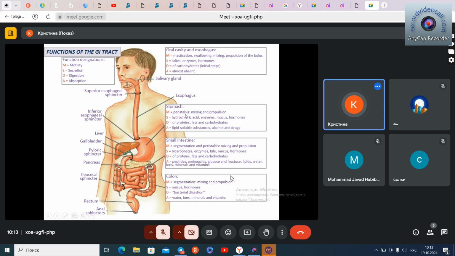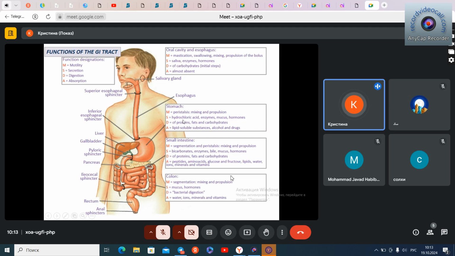In the stomach, we have peristalsis, which includes mixing and propulsion of food. Also, the food is stored here for up to 6 or 10 hours, depending on the type of food. For example, food rich in proteins will be stored for a longer time in the stomach.